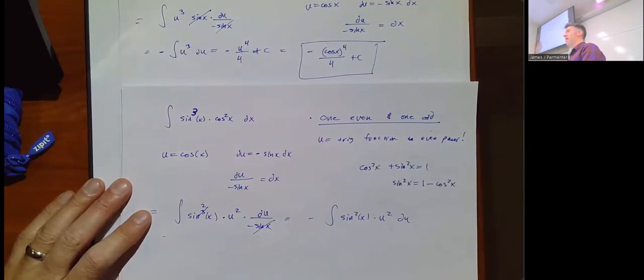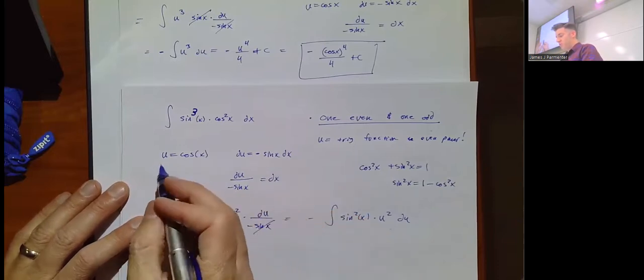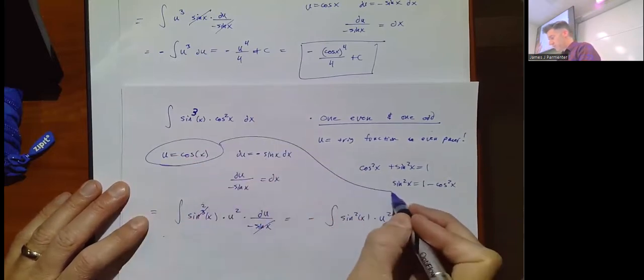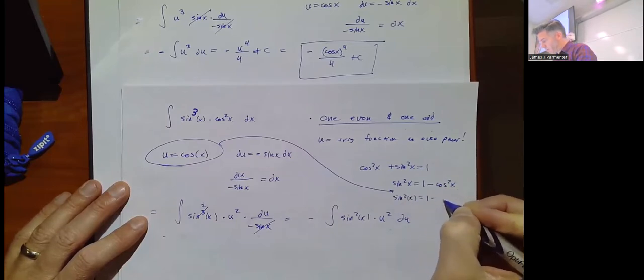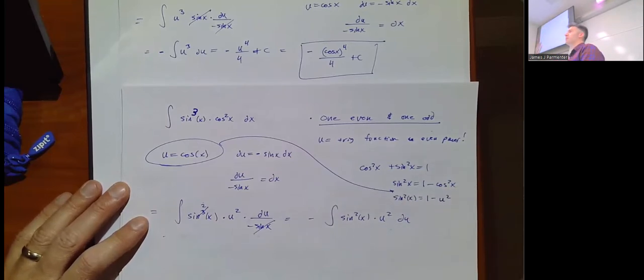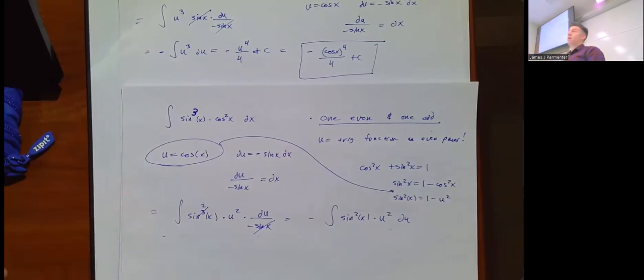But cosine of x is what we chose for u. So our sine squared x is really equal to 1 minus u squared. So that's the idea. You want a leftover even power so that you can use a trig identity to replace it with what you've chosen for u.